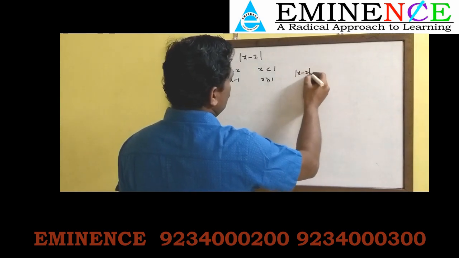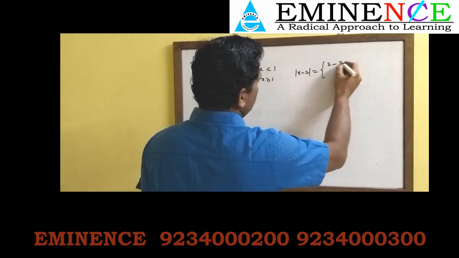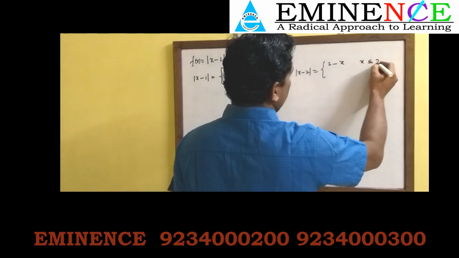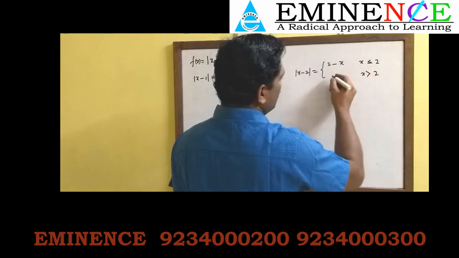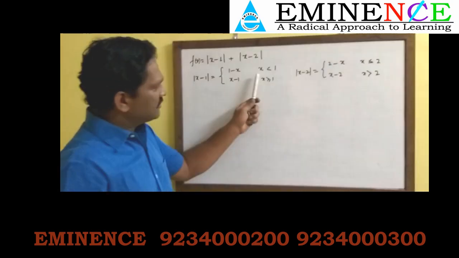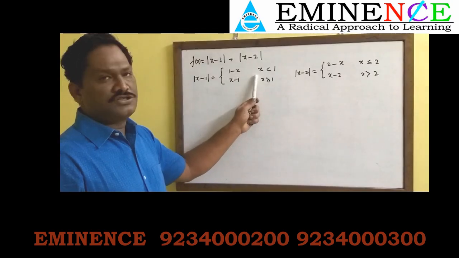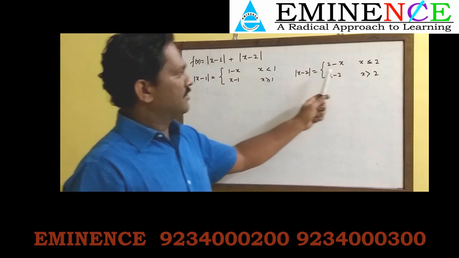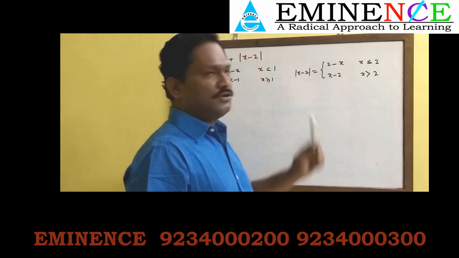Mod of x minus 2 will be defined as 2 minus x for x less than or equal to 2. For x greater than 2, it can be written as x minus 2. So, as you can see, the definition of this function changes at 1 and the definition of this function changes at 2.